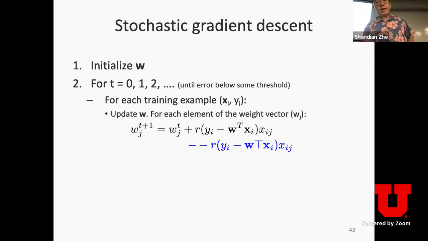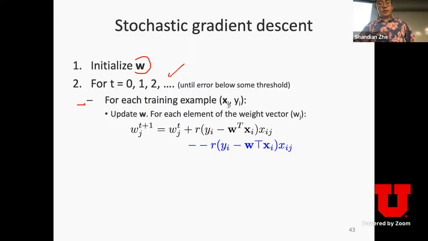So here is our stochastic gradient descent framework. We initialize our weight vector W. Then we go through T epochs, t from 1, 2, 3, and so on. We sequentially pass through every training example (x_i, y_i).